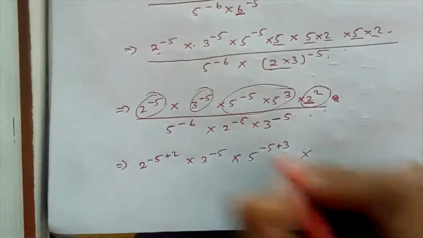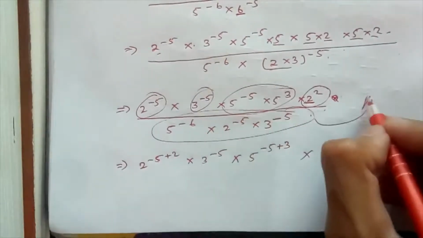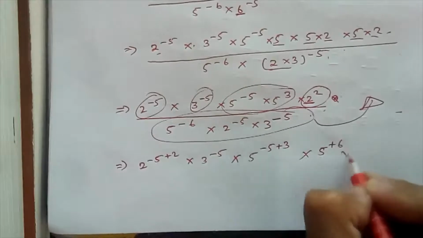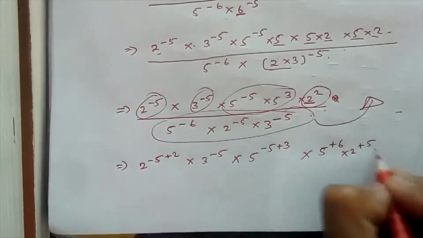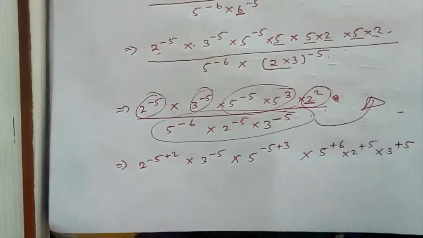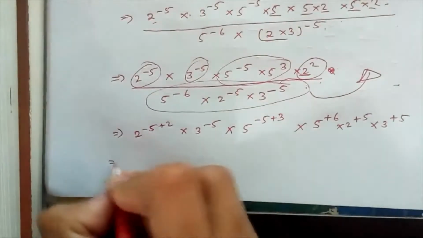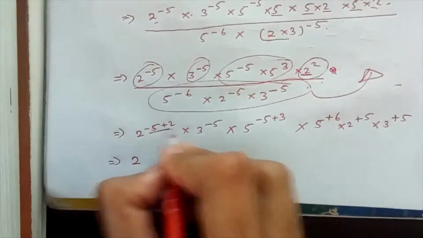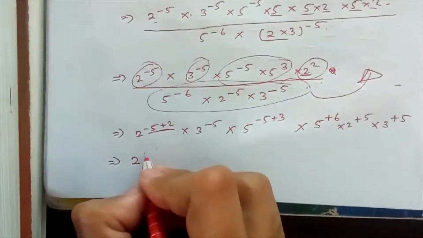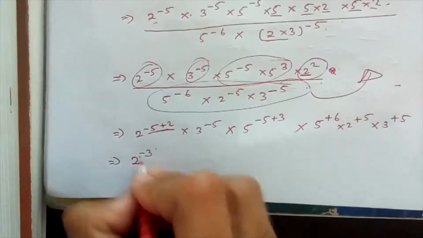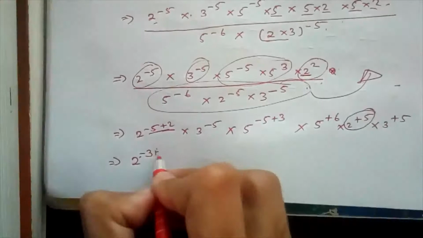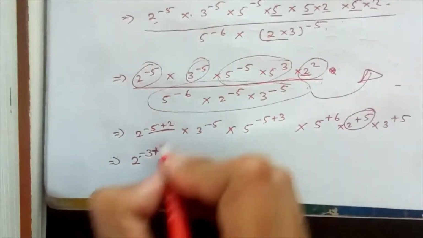Now writing the denominators as numerator: 5 to the power plus 6, 2 to the power plus 5, 3 to the power plus 5. Okay, now again solving it. 2 to the power minus 3, and then it's 2 to the power plus 5, so adding it as 2 to the power plus 5.